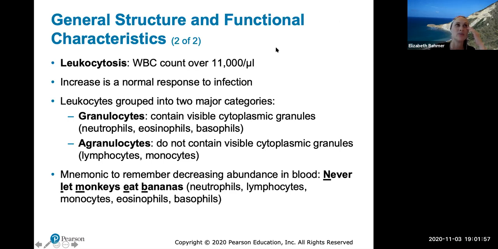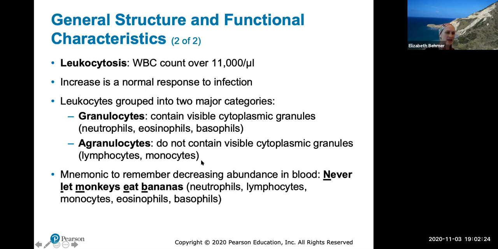So if you get a blood sample and they see your white blood cell count is high, that means your body is fighting off some sort of infection. We group the leukocytes into granulocytes or agranulocytes, depending on whether they contain visible cytoplasmic granules. There are 3 types of granulocytes: the neutrophils, eosinophils, and basophils, and then the lymphocytes and monocytes are the agranulocytes.